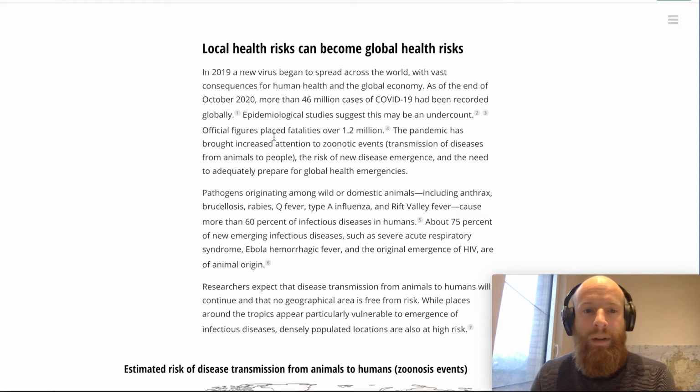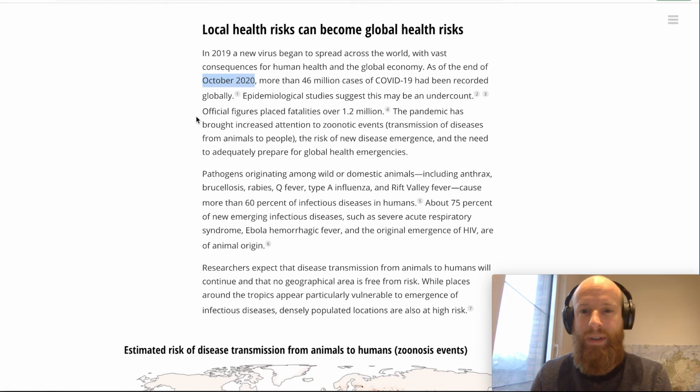You can see here that we have some numbers for the end of October 2020, so this is already outdated. This is, of course, not easy to update with current numbers, so we decided to pick a date and then stick with it, not change it afterwards.